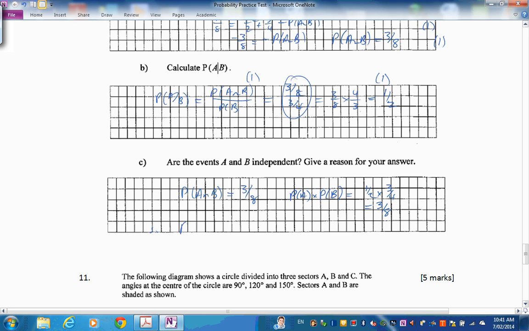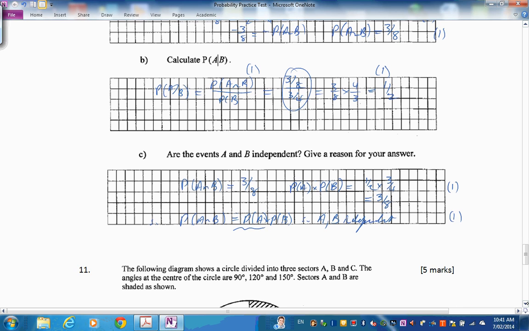Therefore, P of A intersection B is P of A times P of B, and therefore A and B are independent. You must mention this rule here. I must mention that rule to say they're independent. So check out the thing and then state whether they are, giving the reason. Check out that product of probabilities. Must have both of those there.